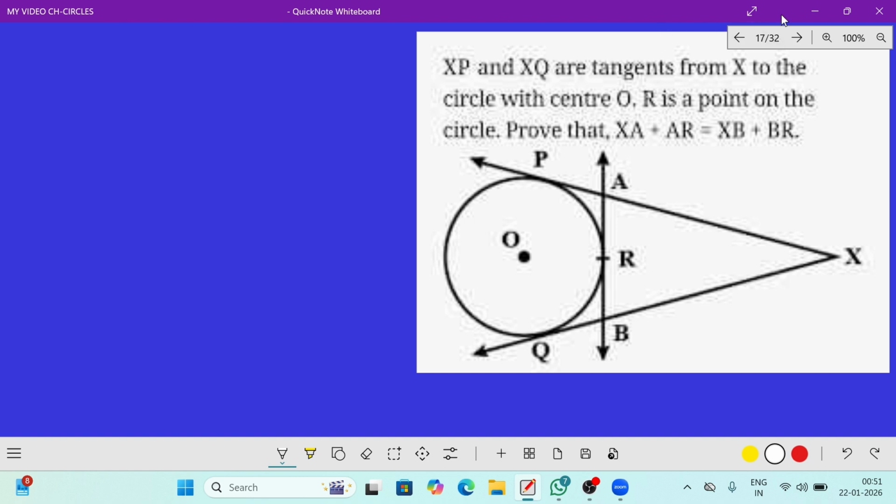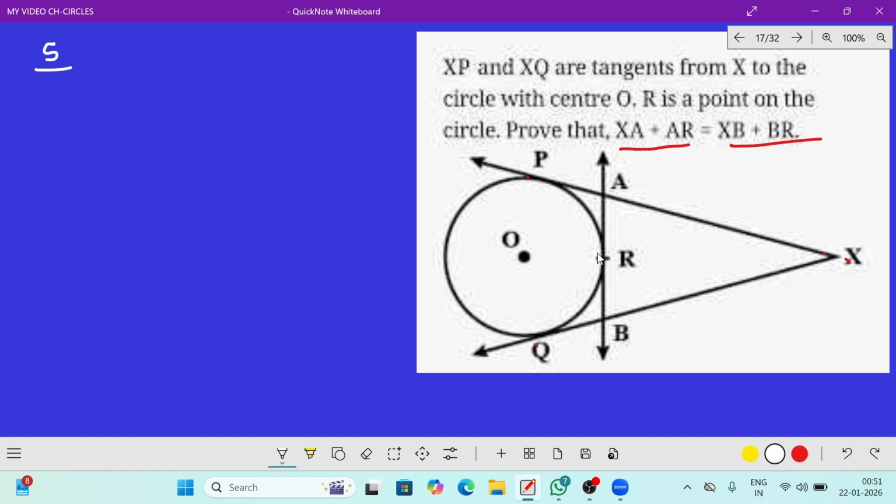Next, we have got this question. Next question. XP and XQ are the tangents from X. From X you have got XP tangent. From X to XQ we have got the tangent. Now we have to prove this. So according to this question, we will start the solution.